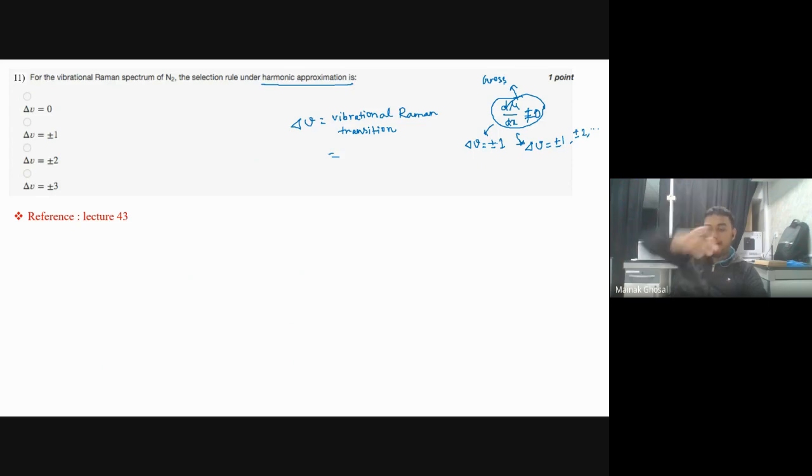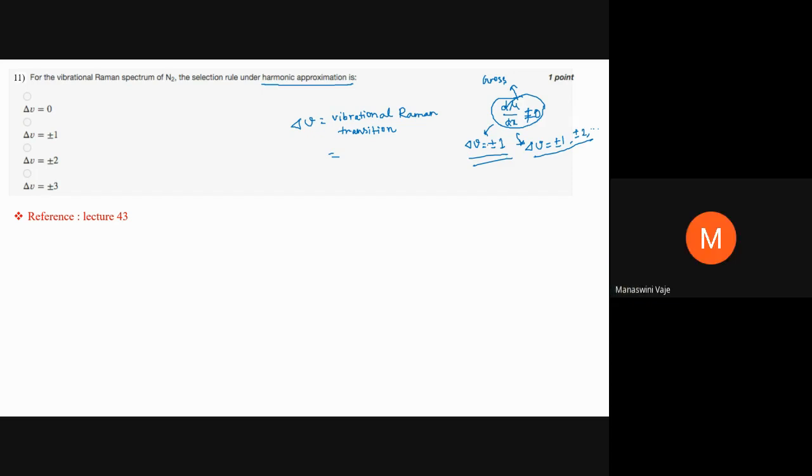When we started vibrational spectroscopy, we first derived using the harmonic oscillator that the vibrational quantum number changes by plus minus 1. Then we used the anharmonic oscillator approximation, and using anharmonicity, delta V equal to plus minus 1, plus minus 2, all are possible. But in the very beginning, under the harmonic oscillator approximation, our selection rule was only delta V equals plus minus 1.